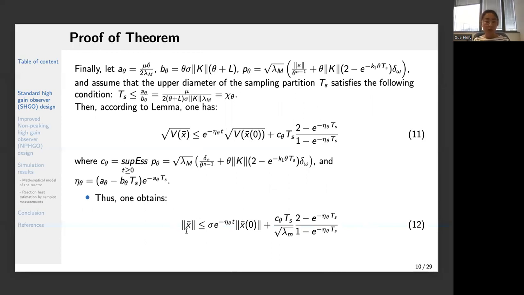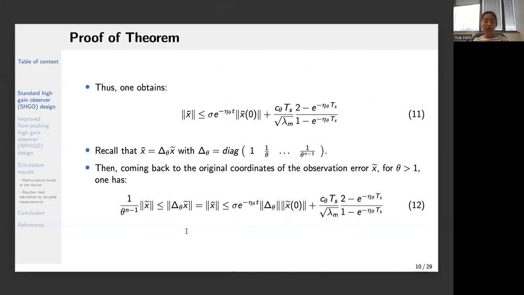And then we will go back to the original coordinate of the observation error x tilde. There is a small technique here. We use this function, 1 over theta to the power n minus 1 times the norm of x tilde. And it is easy to find that it is less than or equal to the norm of delta theta times x tilde, and delta theta times x tilde equals x bar.